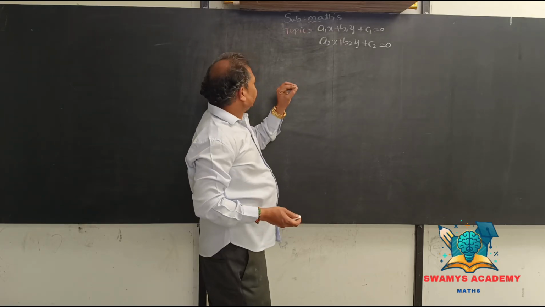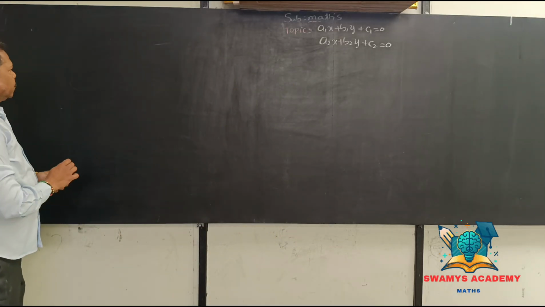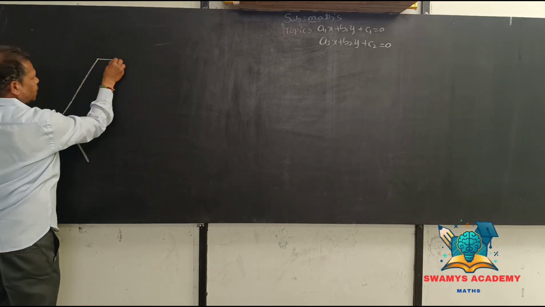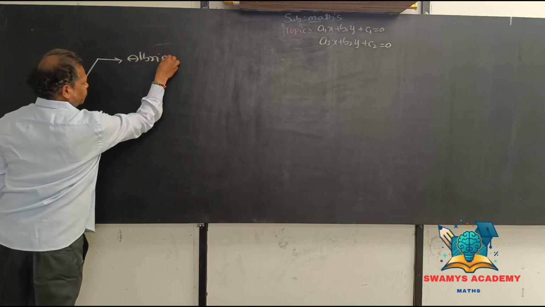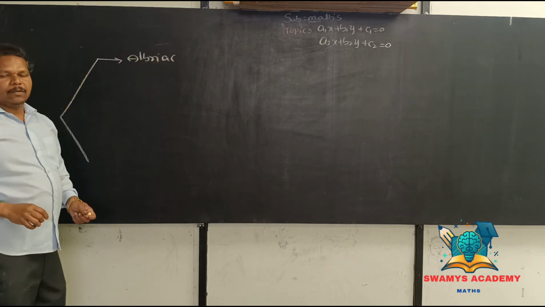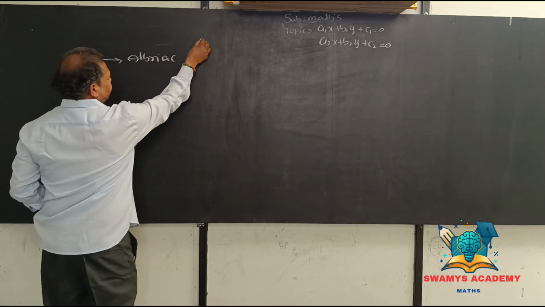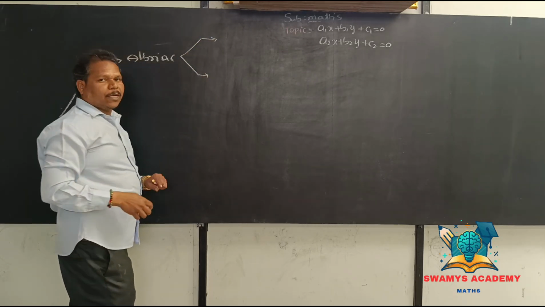To solve linear equations in two variables, two types of methods are there. One is algebraic expressions. In the algebraic method, again two types are there.